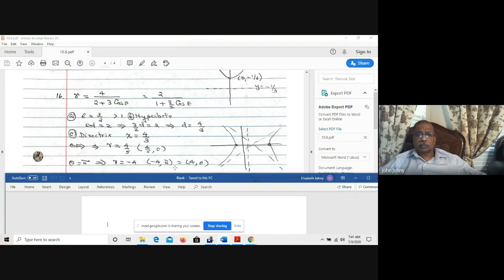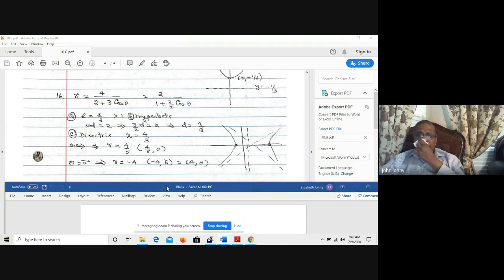So negative 4, pi, and in rectangular coordinates, 4, 0. So here is the sketch. X is equal to 4 over 3 is the directrix, and focus is the origin.